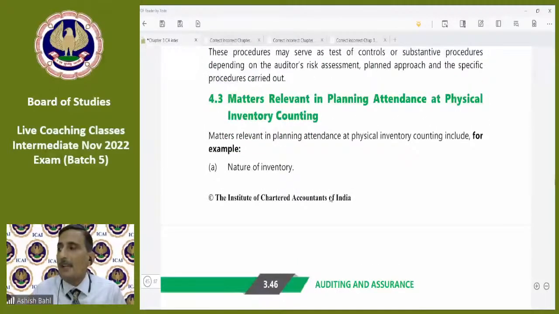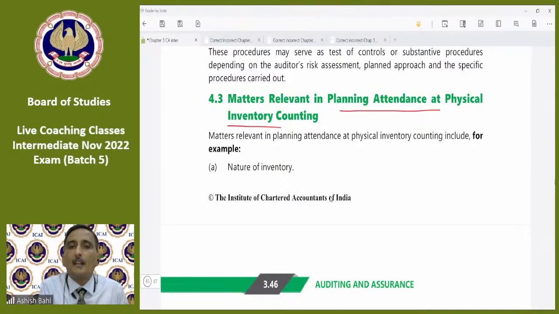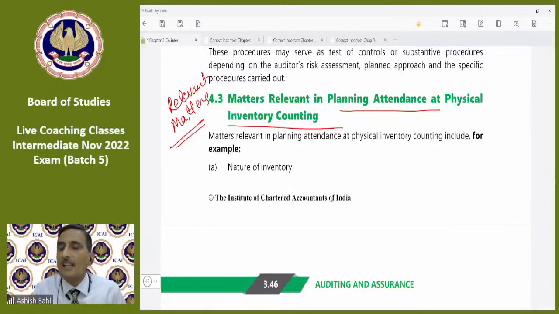So what are the matters which are relevant in planning attendance at physical inventory counting? What are relevant matters considered by the auditor in planning physical inventory counting?